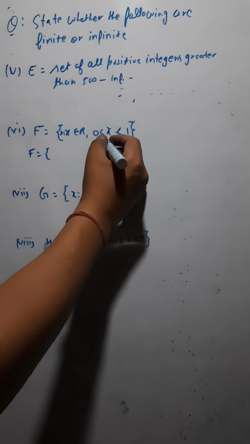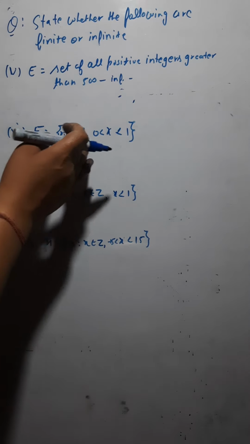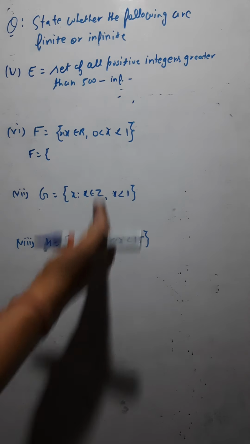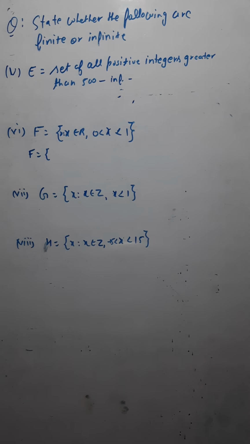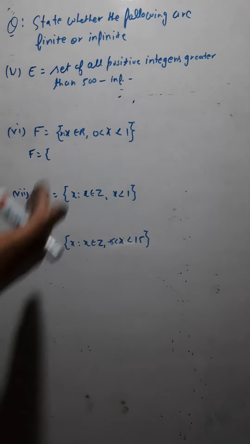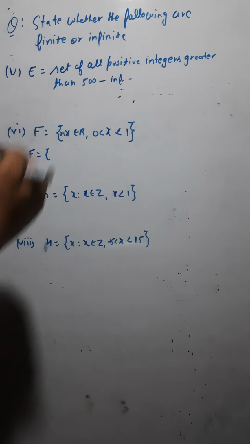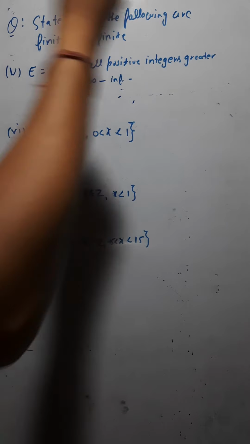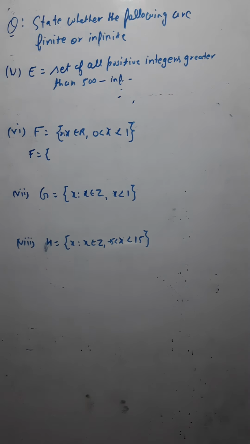So what are the numbers which are greater than 0 and less than 1? But you have to take real numbers. Real numbers are in the form of fractions also, decimals also, terminating, non-terminating, non-repeating decimals. So between 0 and 1 you can get infinite real numbers.